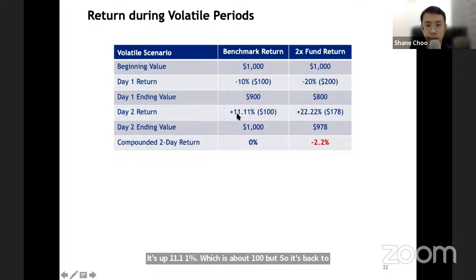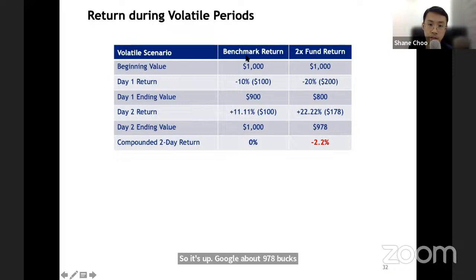Because it's up by 11.11%, the 2 times leverage fund is up by 22.22%. 22.22% times the NAV of the leverage fund is 178 bucks. So it's up to about 978 bucks.